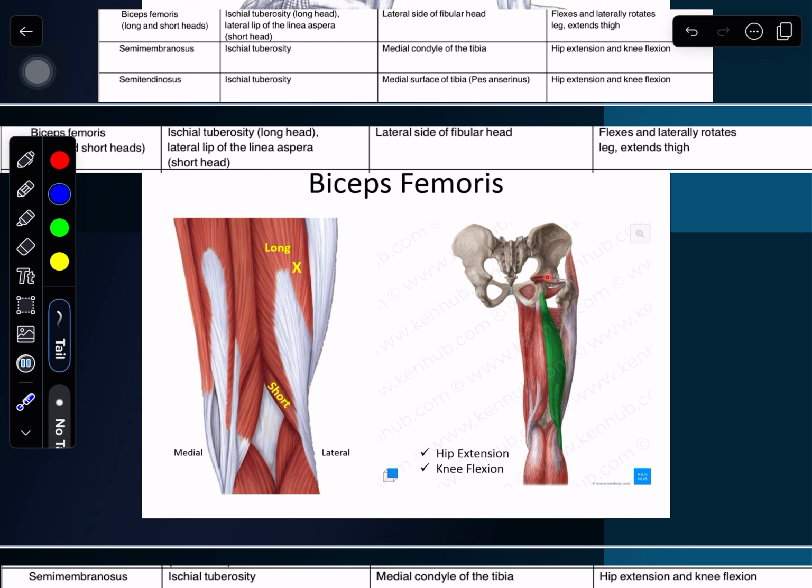So if you look over here at the visual where the biceps femoris is represented in green, you can see its origin upon the pelvis. And then you can see where that short head comes in, and then there's that one common insertion into the lateral part of the fibula. And again, the action for the biceps femoris is going to be hip extension and knee flexion.